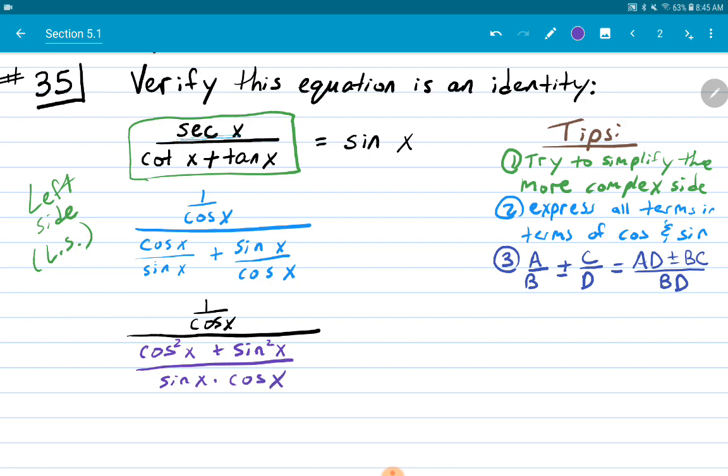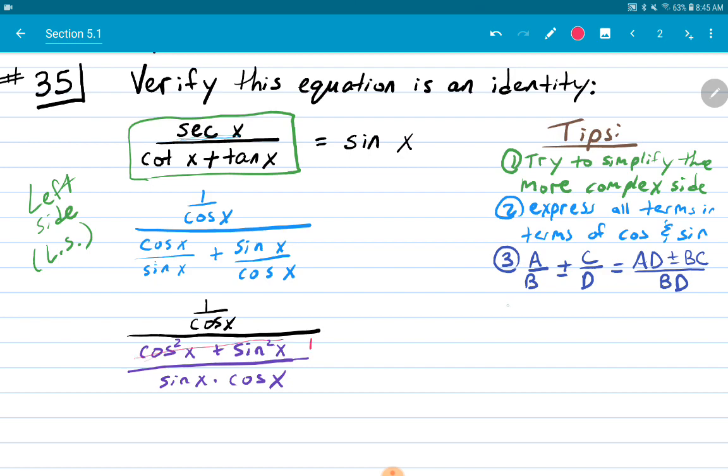And just as I was hinting at the beginning, when we turn things into sines and cosines, often things just turn into 1 because we get to the Pythagorean theorem, which is really helpful. And we have that here. So I can actually change that into 1. So this is just 1.